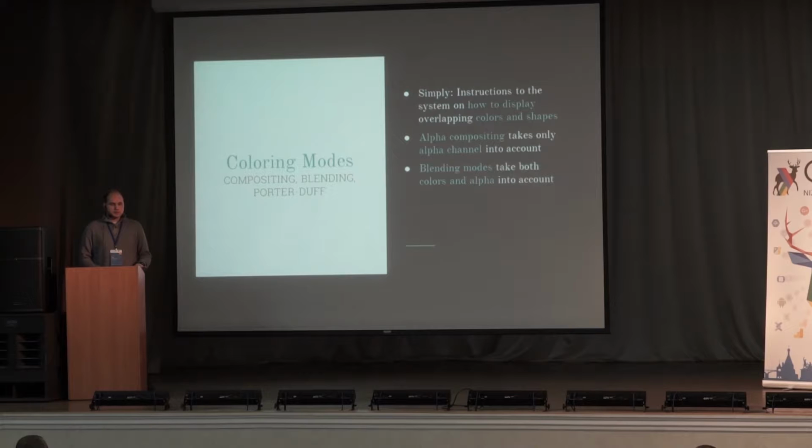And then blending modes are also rendering instructions that take both colors and alpha channel into account. All of this was first published in a paper called Compositing Digital Images by Thomas Porter and Tom Duff. And it's interesting because now in Android, all of these coloring modes are called Porter-Duff modes. So that's the reason, those two guys.